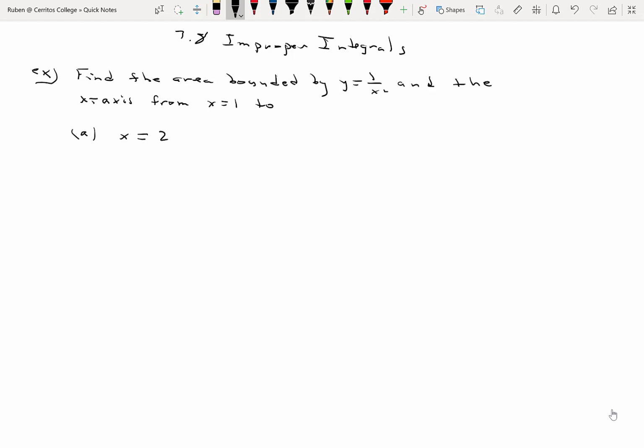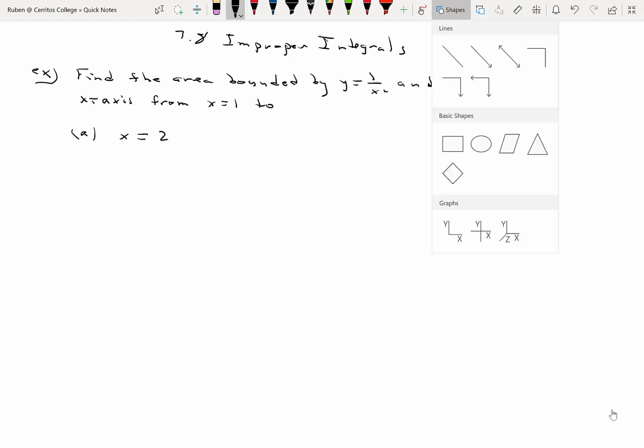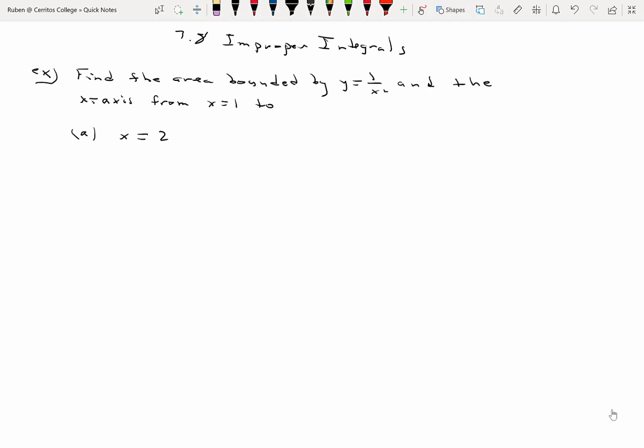Let's review how we would solve this problem. For any area problem, it's a good idea, if possible, to get the graph of the region we're finding the area of. The graph of y equals 1 over x squared looks about like that.